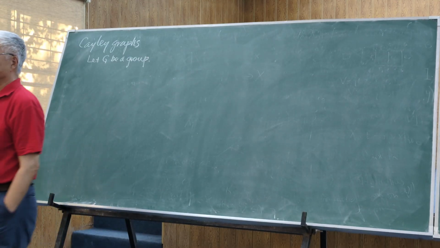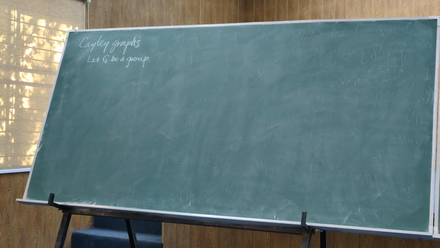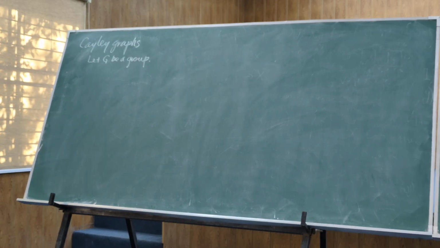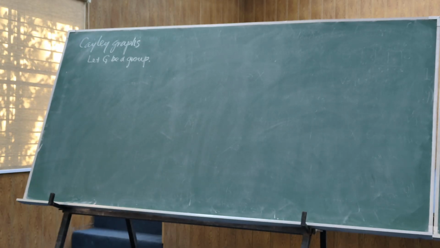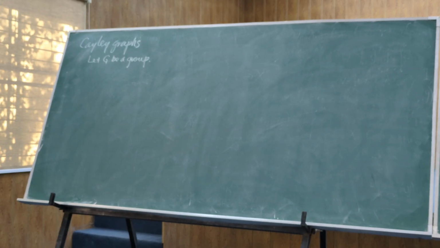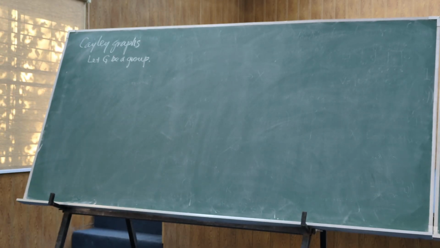Quiz question: does any group have a generating set? A generating set is a subset of the group such that if you keep multiplying elements in it and taking inverses, you get all the elements of the group.